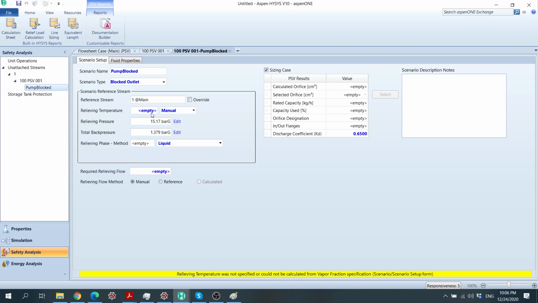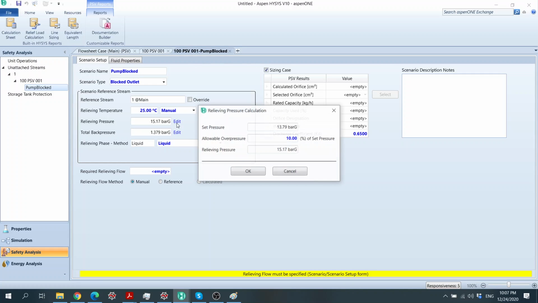And then we have the relieving temperature of 25 degrees here, the same relief temperature. Relief pressure is 200 psig. Can I not do this?